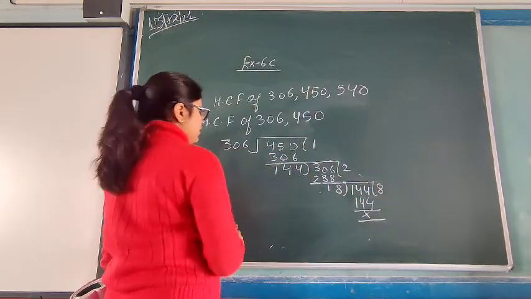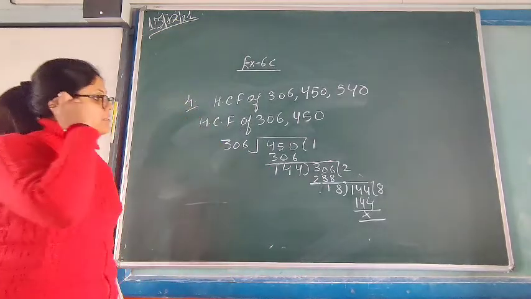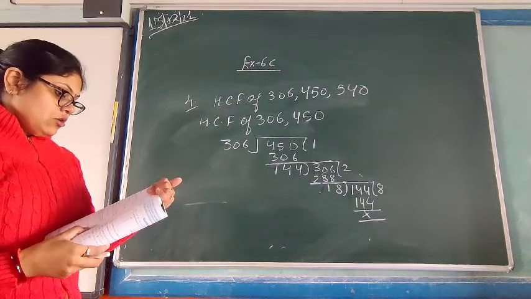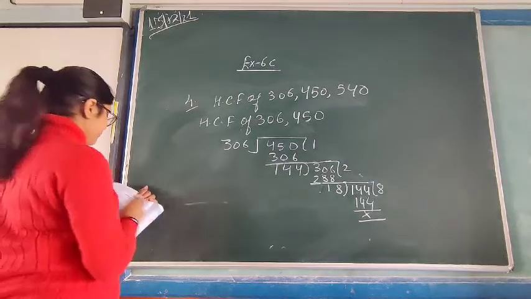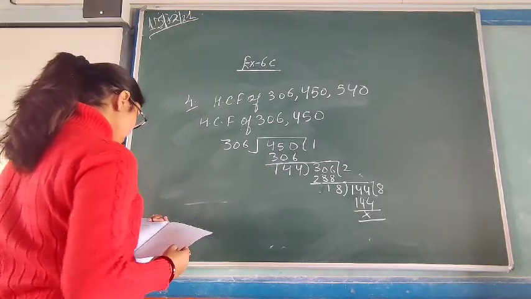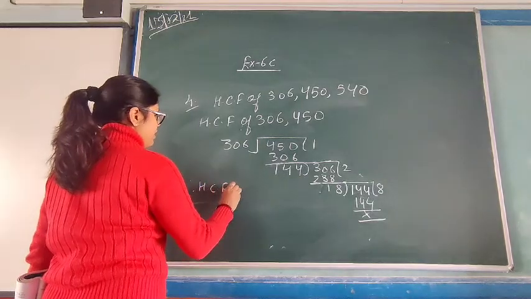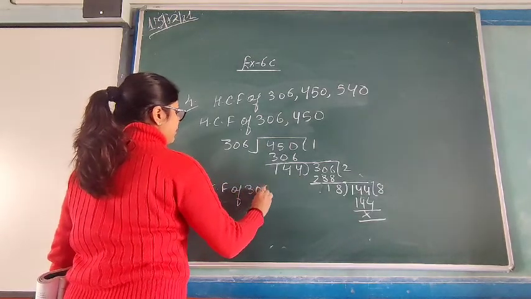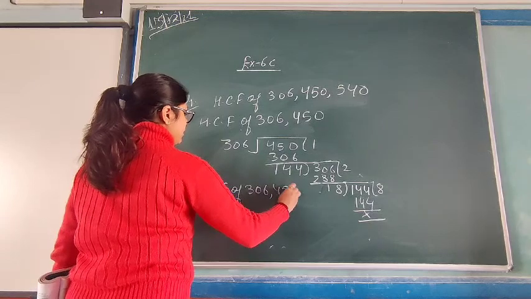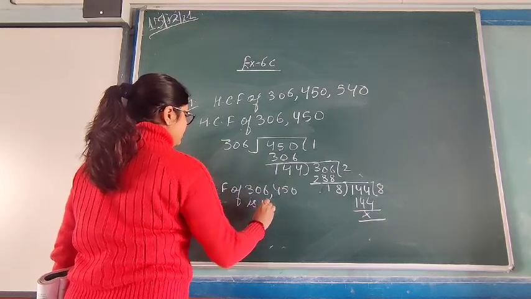So HCF of 306 and 450 is coming 18. Okay. So now we will take out HCF. Therefore, HCF of 306, 450 is 18.